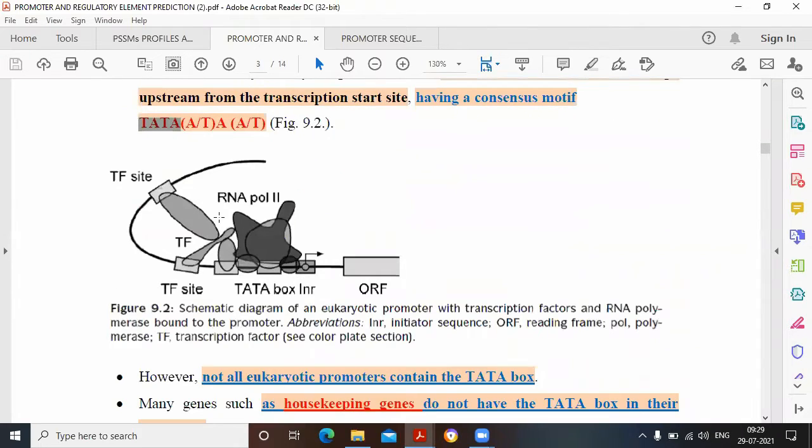And here, as I mentioned, a lot of transcription factors are required. These transcription factors along with the RNA polymerase form a link, and this link helps the RNA polymerase transcribe the particular gene sequence. A lot of regulatory sequences are also present, such as suppressor sequences and activator sequences. When an activator factor binds, it activates the RNA polymerase to continue the transcription.